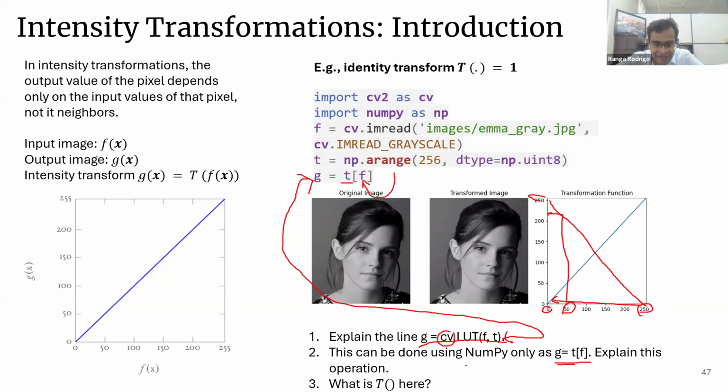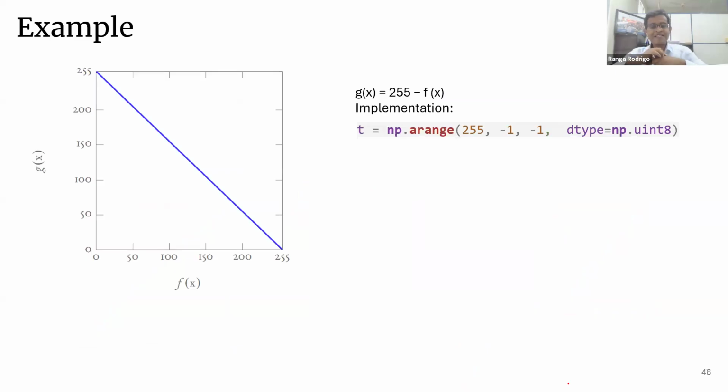What is T here? T is this one, right? T is the identity function here. So this is the negative of that, the transformation for that. So np arange 255, you go down until 0 with a step of -1: 255, 254, and so on.